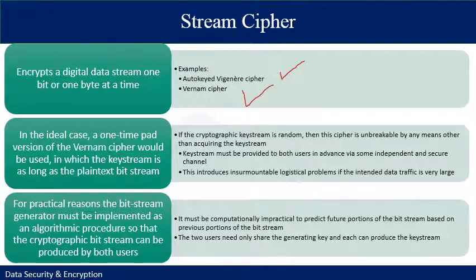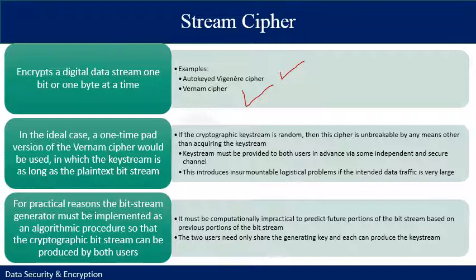If you recall the Vigenere cipher, it was based on the Caesar cipher with a random key taken mod 26, for example from A to Z, and the key was added to the plain text and taken mod 26, and the cipher was generated.